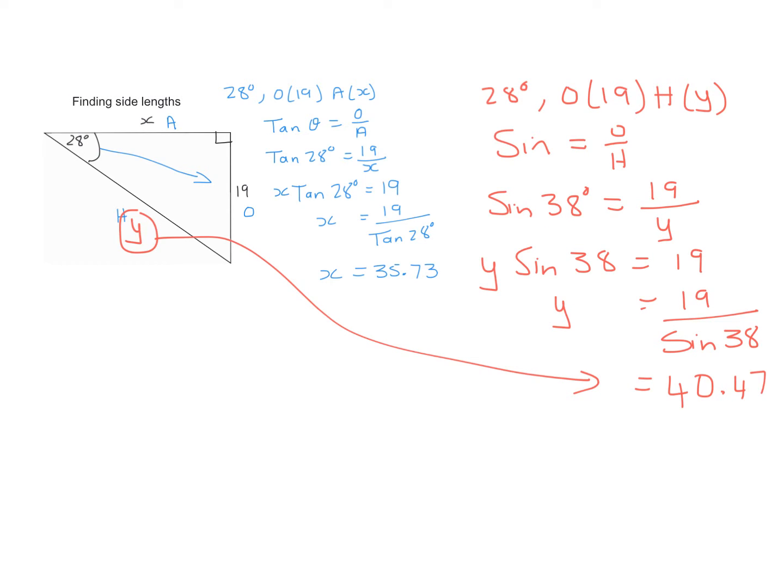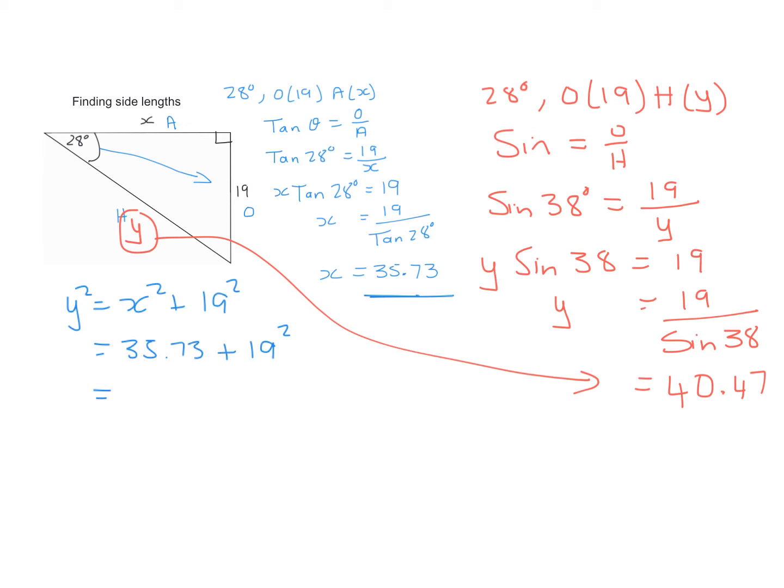Now the second way to find the length of this side is using Pythagoras' theorem, because we've just solved for x and we know what that side is, which is 19. So using Pythagoras' theorem we can say that y squared is equal to x squared plus 19 squared. Well, 19 squared we know. And x would be 35.73, which is this over here, plus the 19 squared.